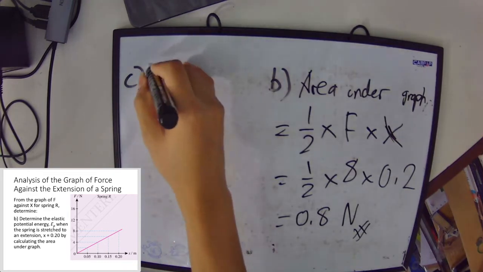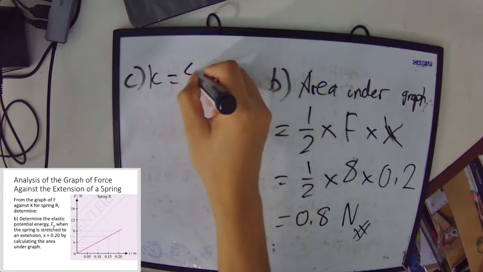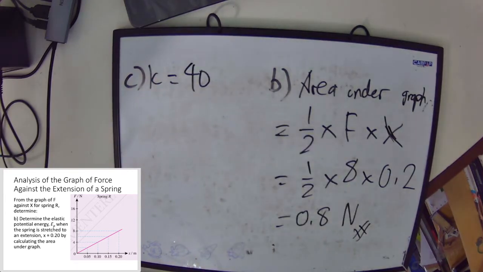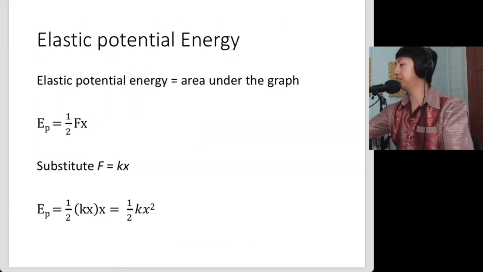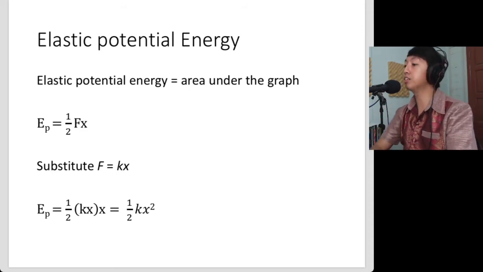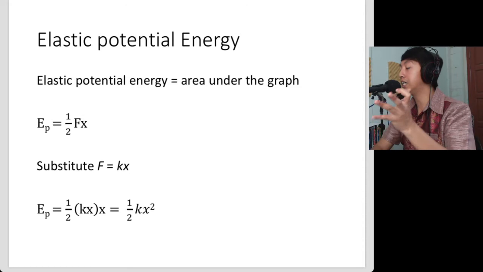Kita tahu sudah spring constant equals 40. Itu baru kita cari tadi. So what can we do? Let's go back and check the formula. What we can do is elastic potential energy equals 1 over 2 kx square. This time we only use the spring constant and the extension for us to calculate the elastic potential energy.